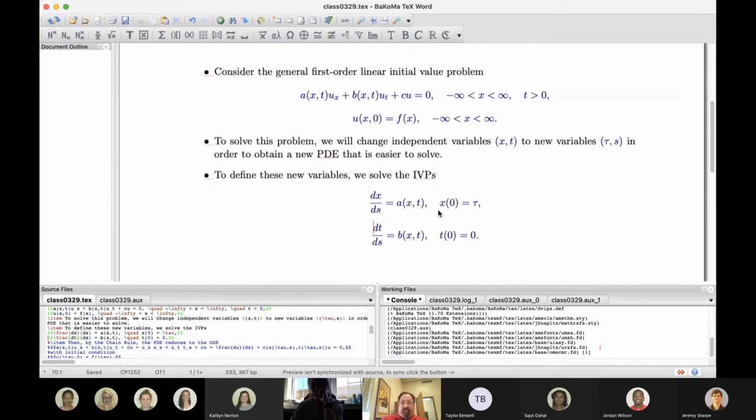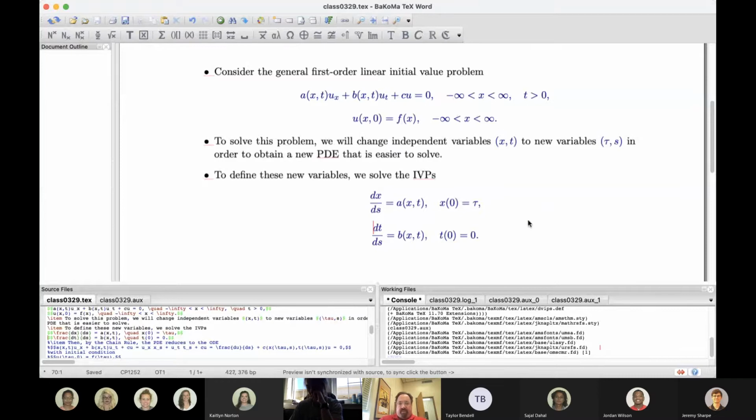And then at time 0, x will be equal to tau, so it's our other new independent variable. So you can think of tau and s equals 0 as being a parameterization of the initial curve, which in this case is the x-axis. So by initial curve, I mean where the initial condition is specified. Generally in our examples, the initial condition is always specified on the x-axis, although there are problems for which that's not the case.